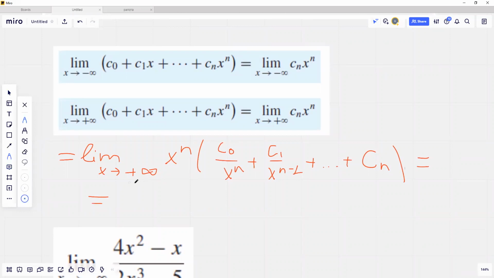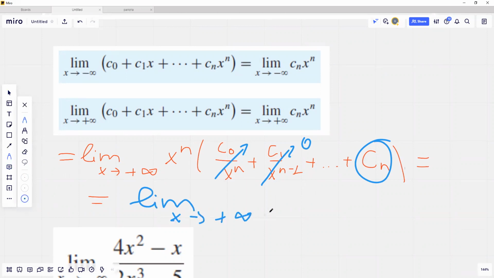As we increase values of x without bound, we can see that these terms are going to vanish, and we'll end up with cn here. So the limit as x goes to plus infinity is x to the power of n times cn. So when you have a polynomial, you should ignore all other terms and look only at the highest degree term.